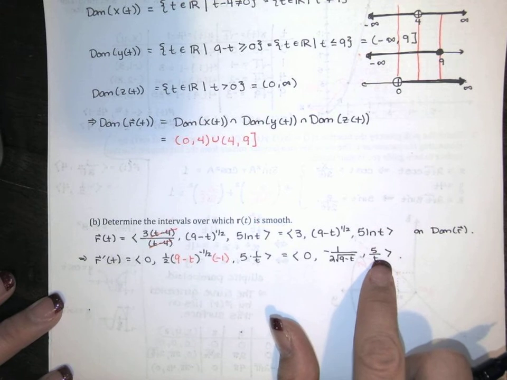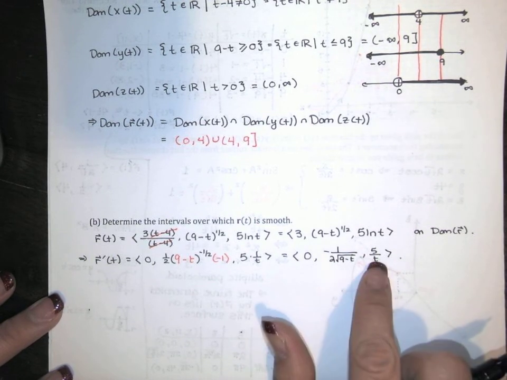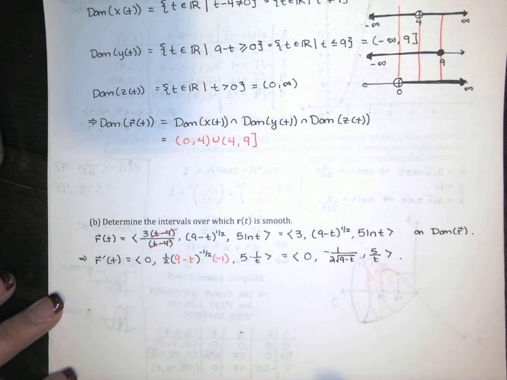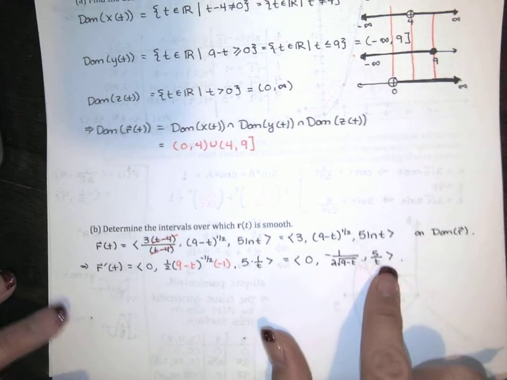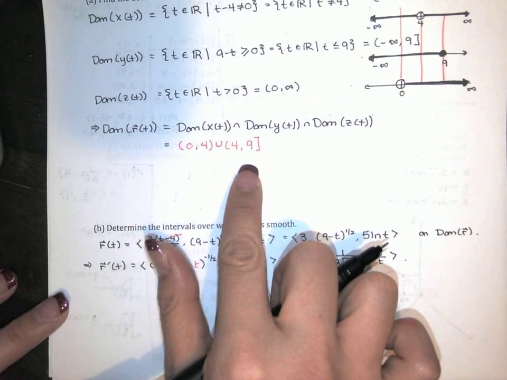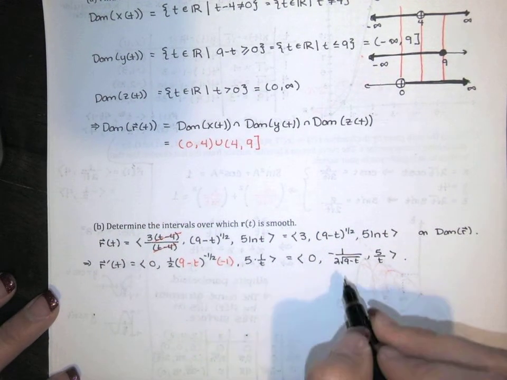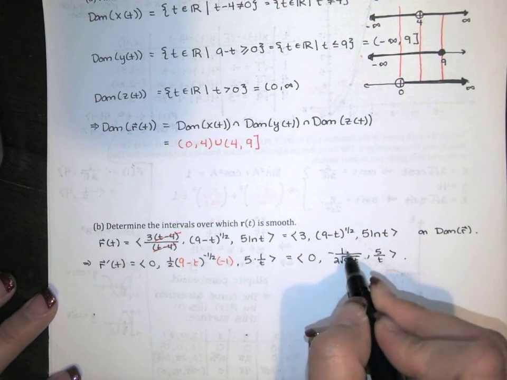Plug in a positive value for t, I'm going to get a fraction. It's not going to be 0. Negative value for t, it would be a fraction, also not 0. And actually, I'm restricted to the t's in the domain, so no matter what t is in this domain, that's not going to be 0. So I'll just focus on that one. You could focus on this one if you wanted to.